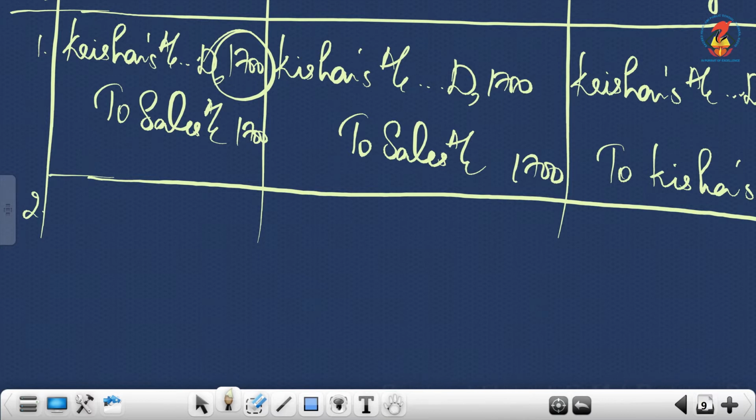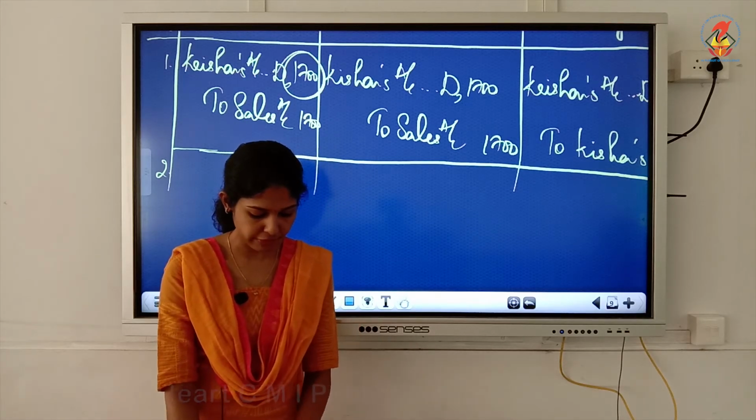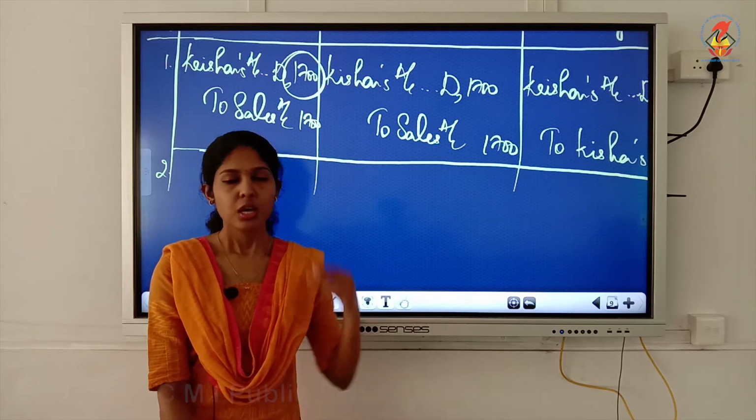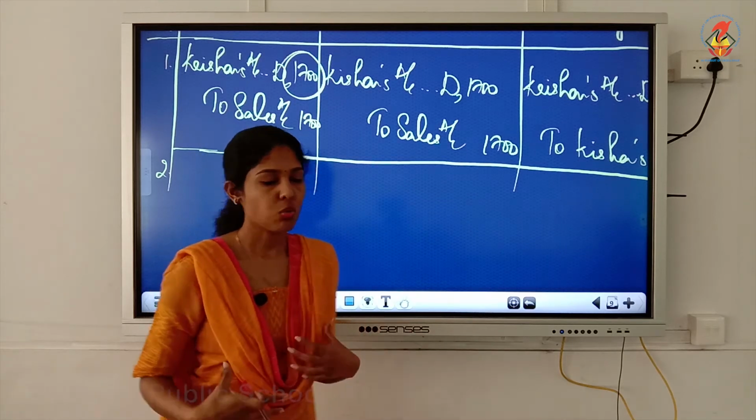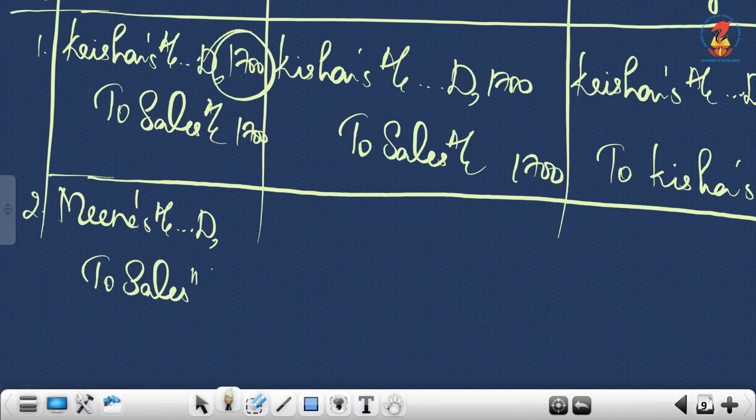The second transaction is cash sale to Meena was posted to the credit of Meena. Okay, we are selling to Meena. So what will be the correct journal entry? Meena's account debtor to sales account, the amount is, is it cash sale?